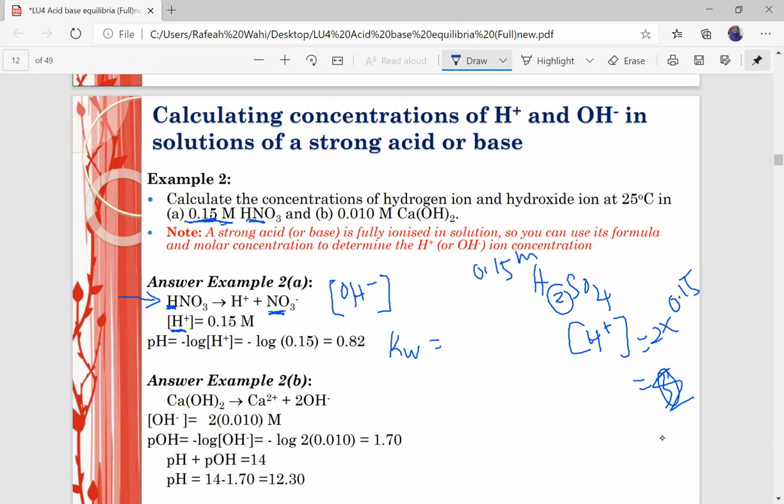Kw is equal to the concentration of H plus ion times the concentration of hydroxide ion. You know the H plus value here is 0.15, and Kw is 1 times 10 to the power negative 14. So you can find how much the hydroxide ion is.